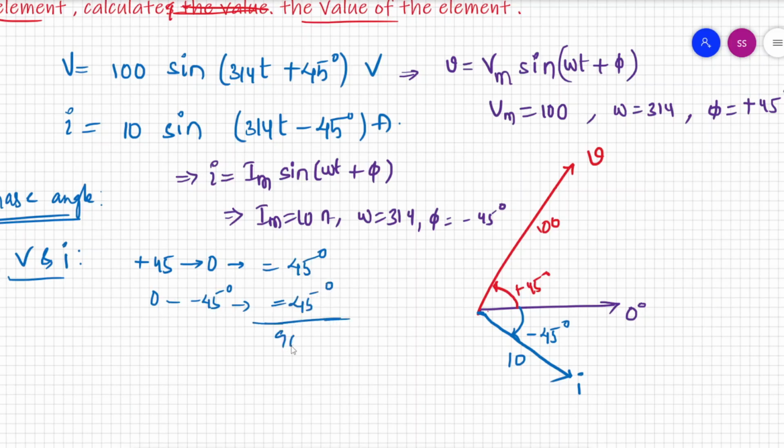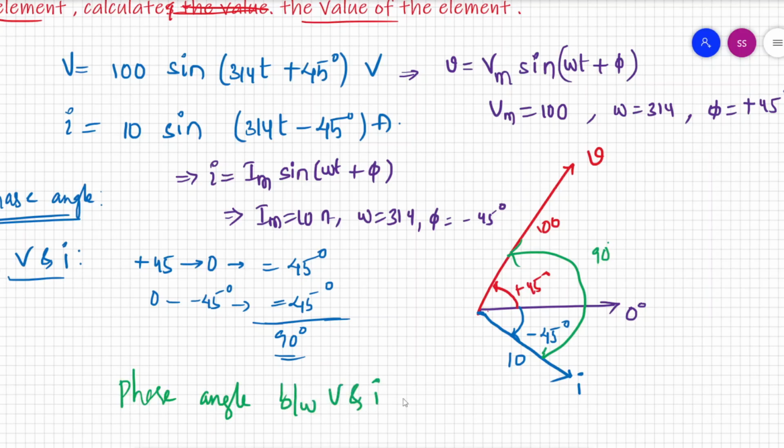So the sum will be 90 degrees. This way, the entire phase angle between voltage and current is 90 degrees.